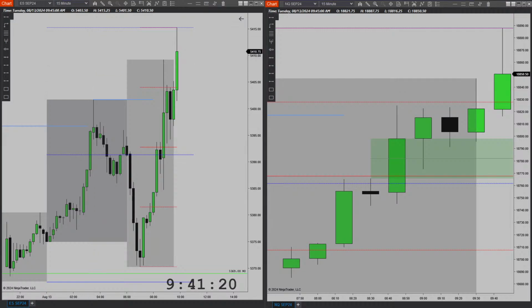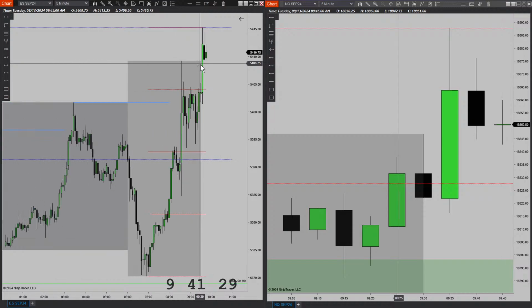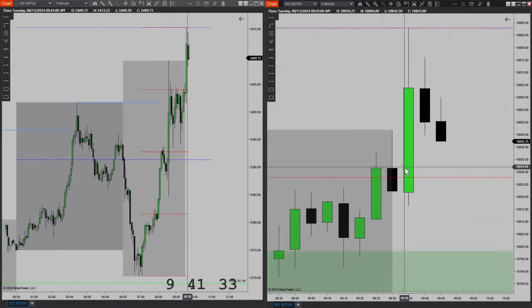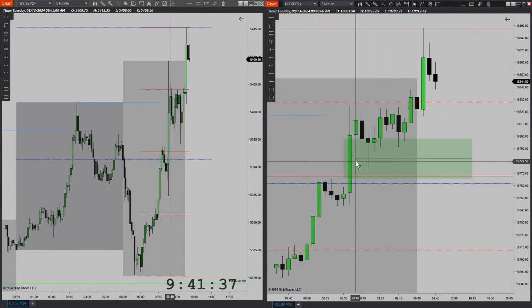Let's go ahead and switch this to the 5-minute. I have the 15 and 1 hour on view on my other monitors. Yep, I would like a close below this area here.